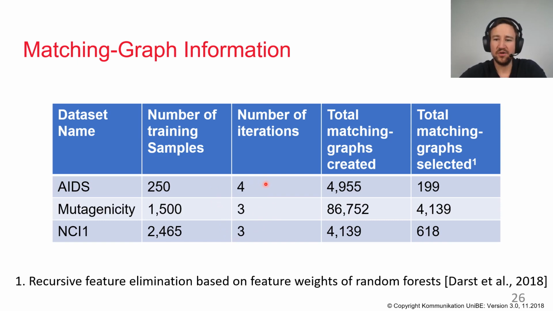AIDS had 4 iterations until termination and the other ones only 3. And then when we look at the total numbers of features that have been left after feature selection, we can also see that we have here a smaller percentage that is left compared to the NCI1, but overall on all data sets the feature selection trimmed quite a few features away.